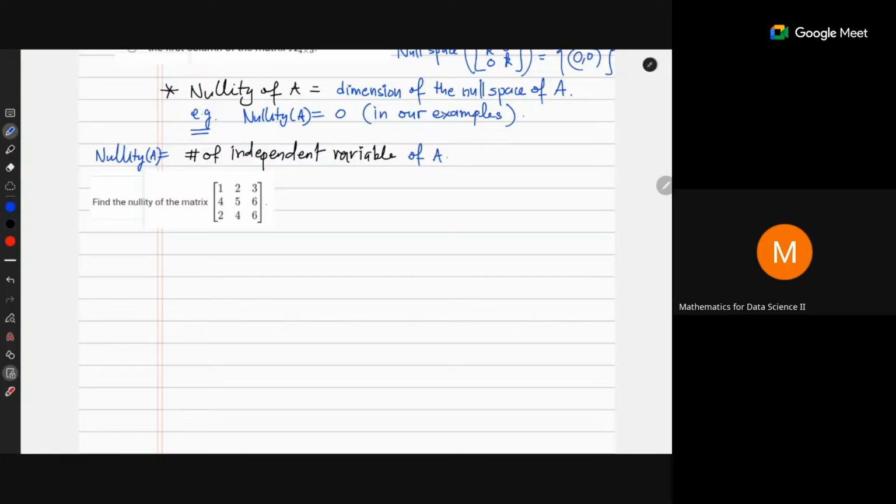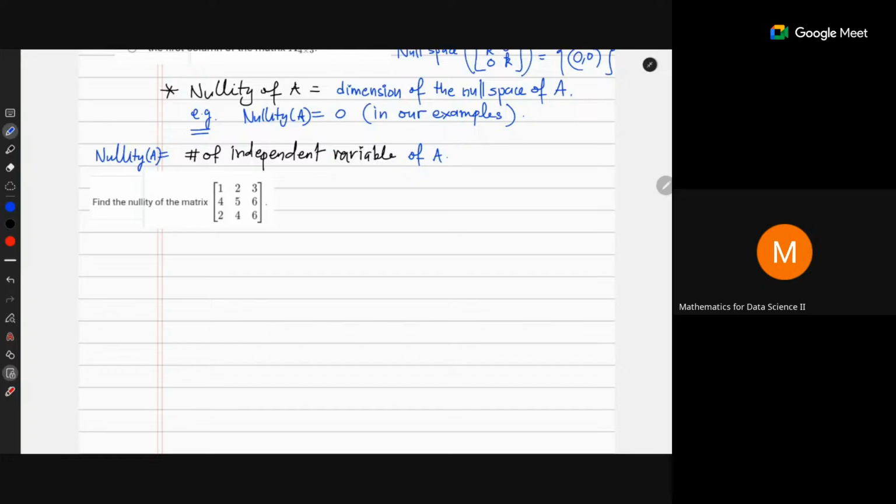You need to perform Gaussian elimination or row operations. Once you perform Gaussian elimination, you will obtain the reduced row echelon form. Then you can count the number of independent variables and dependent variables. The number of dependent variables corresponds to the rank of the matrix, and the number of independent variables corresponds to the nullity of the matrix.